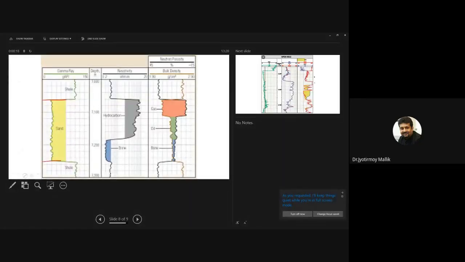Now, if you see in this particular graph, this is the gamma ray curve. From the low gamma ray, I have discovered my top reservoir, and this is my bottom reservoir. Reservoir's top and reservoir's bottom.